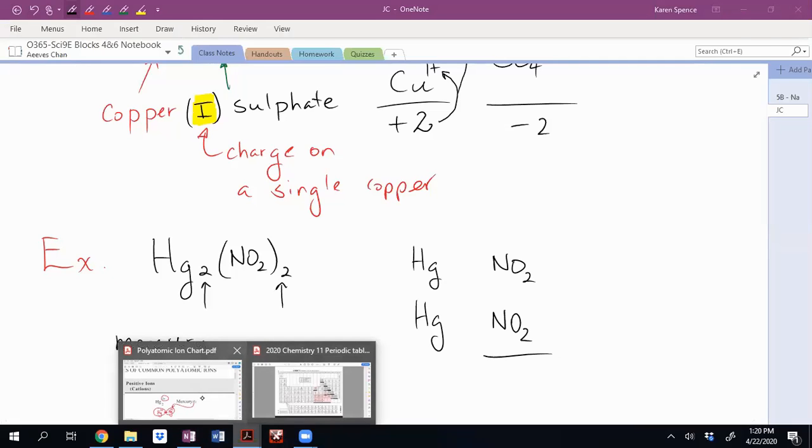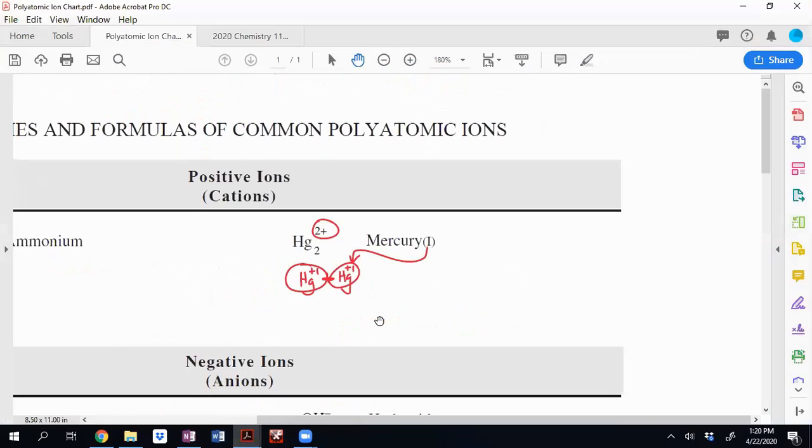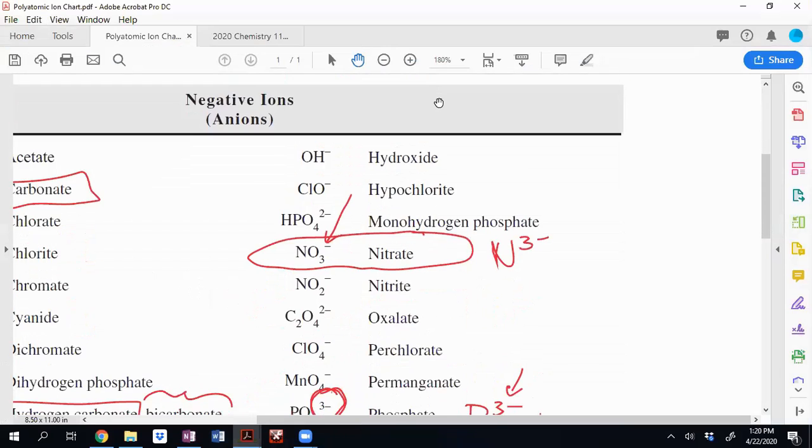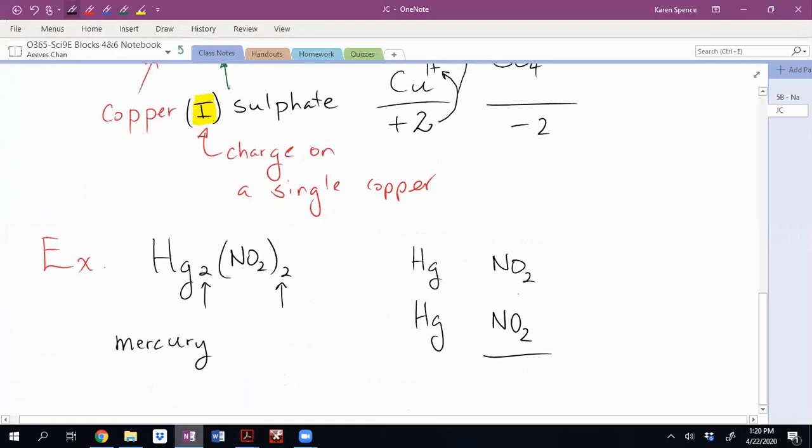And we want to go here, and we want to go N. NO2 has a -1 charge, and its name is nitrite.